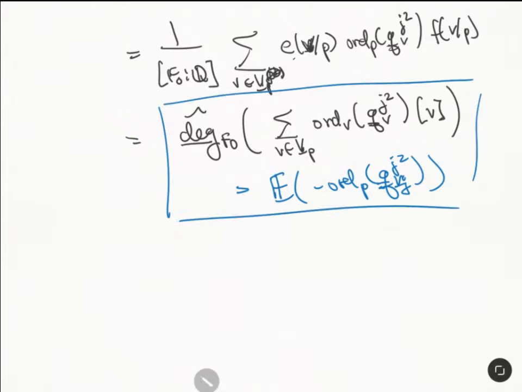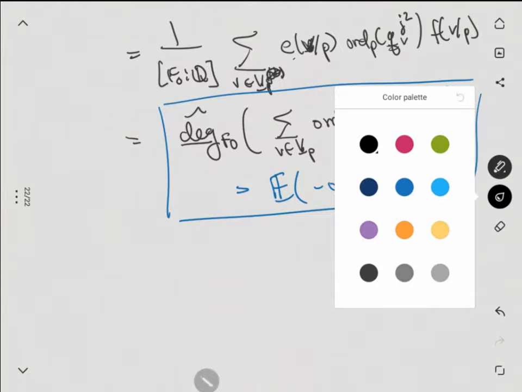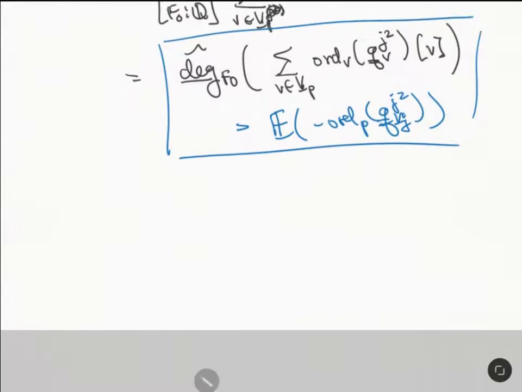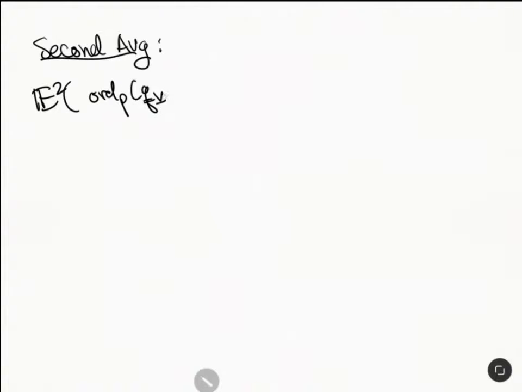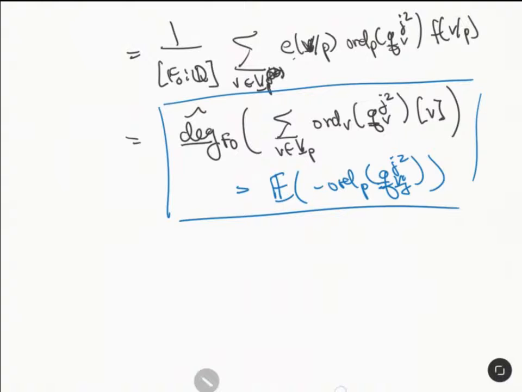Okay, and now we can do the second average. Here we take this thing to the j squared, so this is the expectation now over j's. And we can plug in the first result. So this was the Arakelov degree of this divisor.